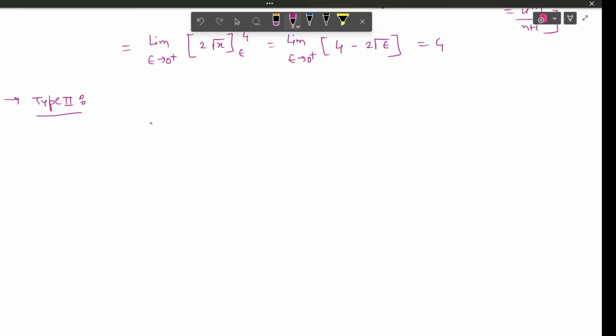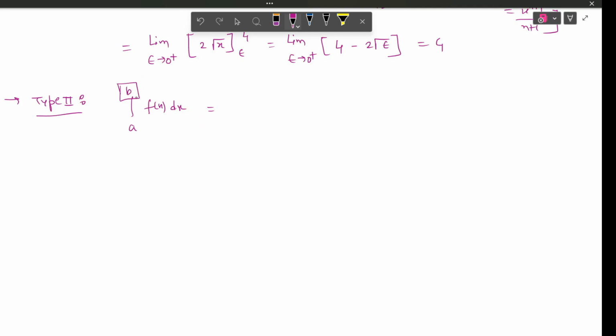Let us say here b is the only point of discontinuity, so we can write integration a to b f(x) dx. Remember, here b is the only point of discontinuity. If the lower limit is unbounded, we have to add a small positive quantity.